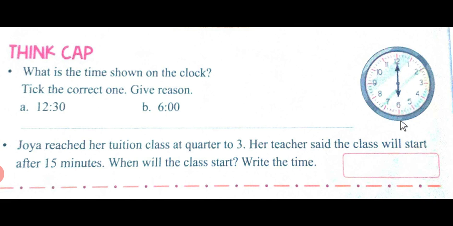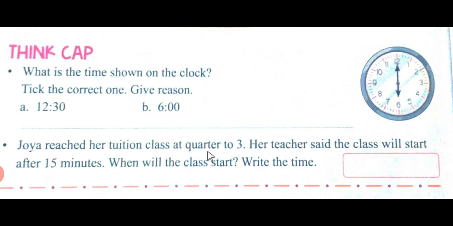Exactly 6 o'clock. Take the correct one and give reasons. The reason is that the hour hand is pointing to 6 and the minute hand is pointing to 12. That is the reason the answer will be 6 o'clock.